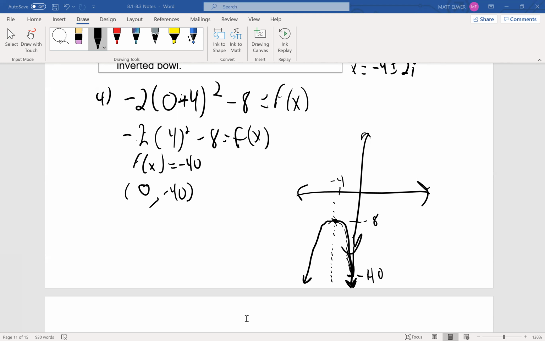So our equation here is y equals -2 times the quantity x plus 4 squared, plus... hang on just a second. Let me see if I can get this up here. Okay, there we go. I'll stop sharing for a second, and I'll share my screen with Desmos now.